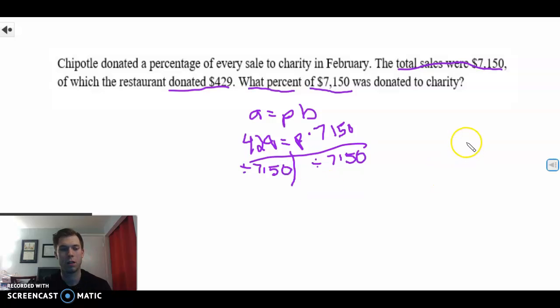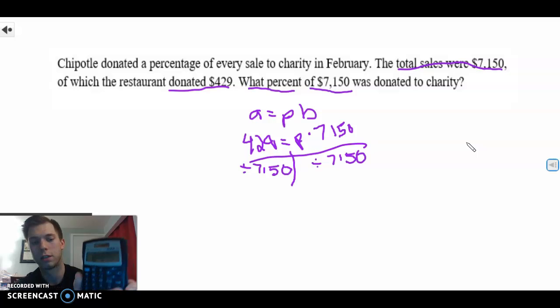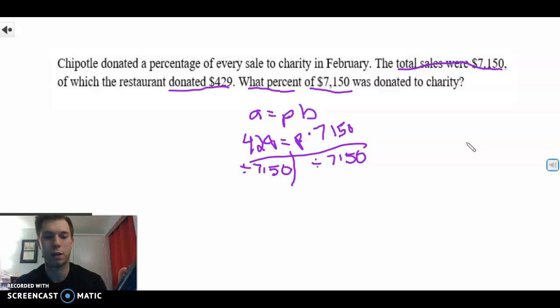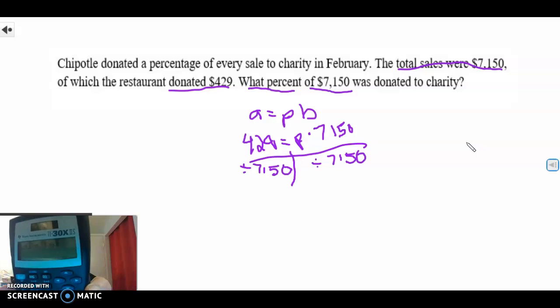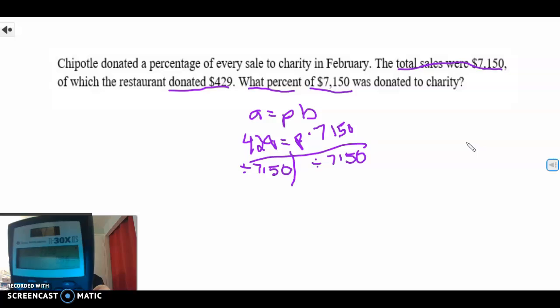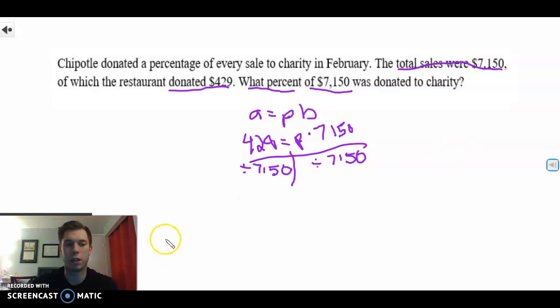All right, so you have 429. You're going to hit divide, so 429 divided by 7,150, and type it in like that. Go ahead and hit enter. When you do that, you're going to end up with 6 hundredths equals P. Once again, now we have to write this as a percent.